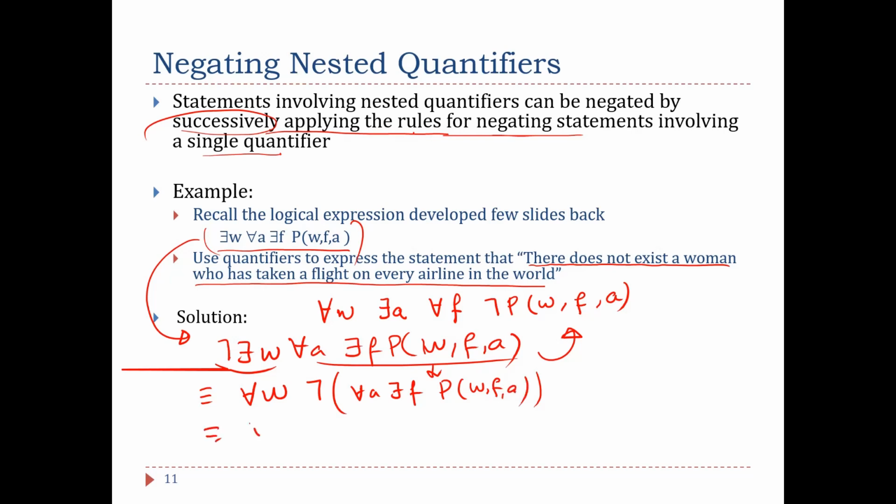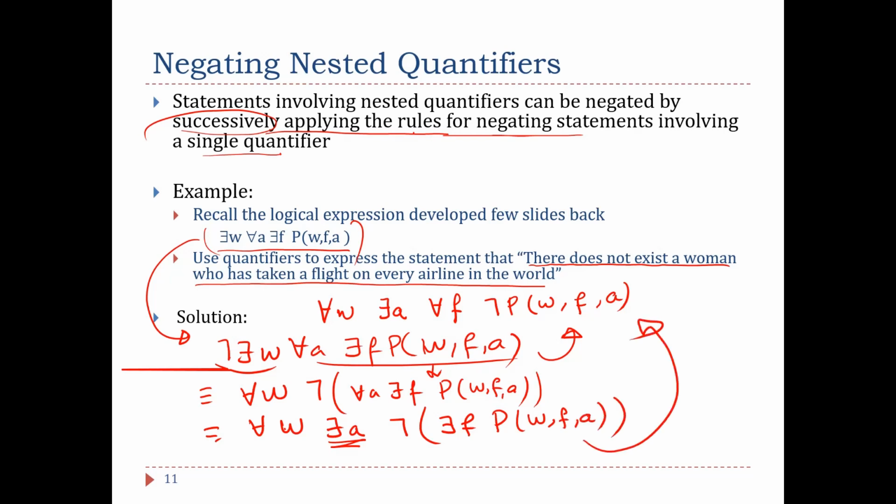So for every W, there must be an airline for which it's not the case that there exists a flight such that P of W, F, A. And then the last step: this should flip. If it is not the case that there exists a flight, then it means that for every flight, it's not the case that P of W, F, A. And finally you get this format here.